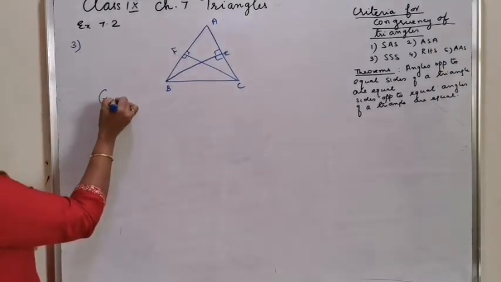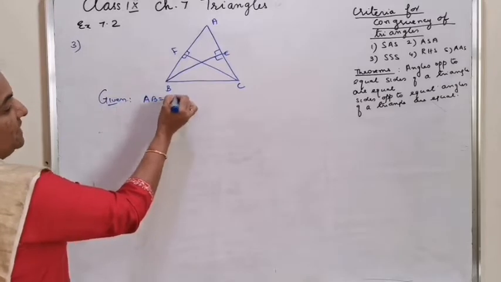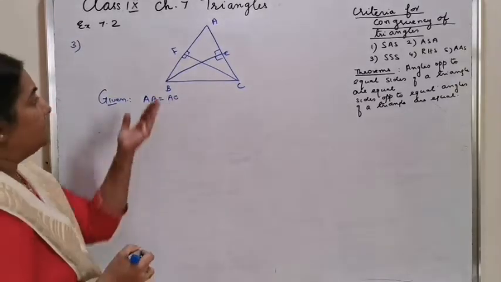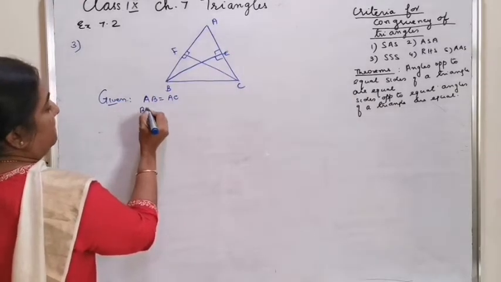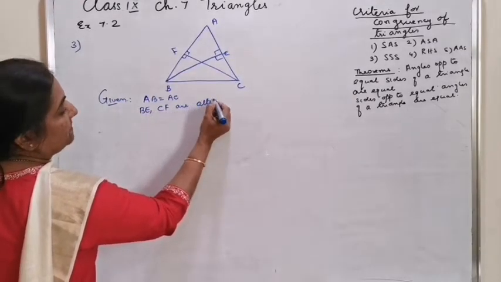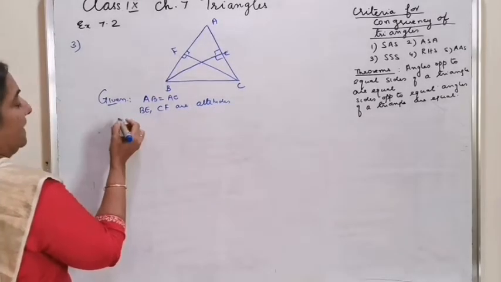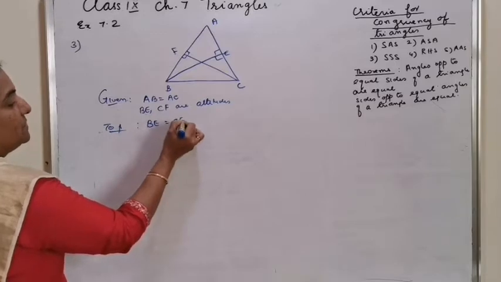So the given condition is AB equal to AC. That means it's an isosceles triangle. Then BE and CF are altitudes, and then what is to prove is BE is equal to CF.